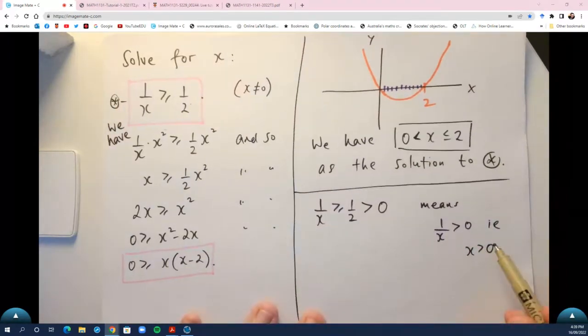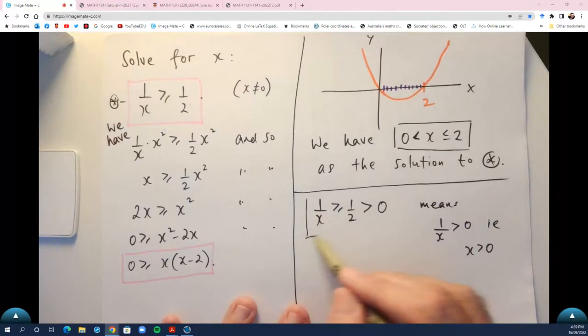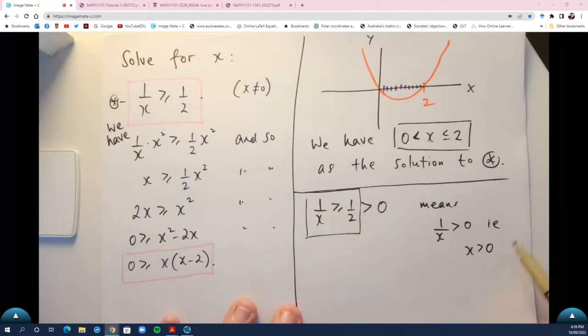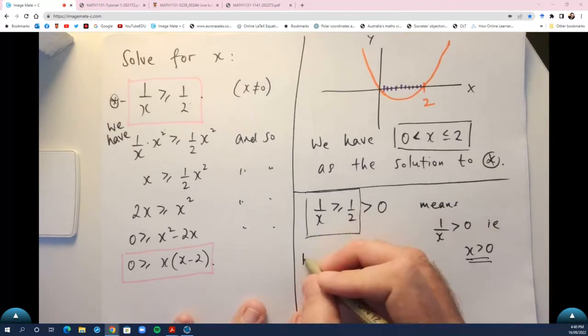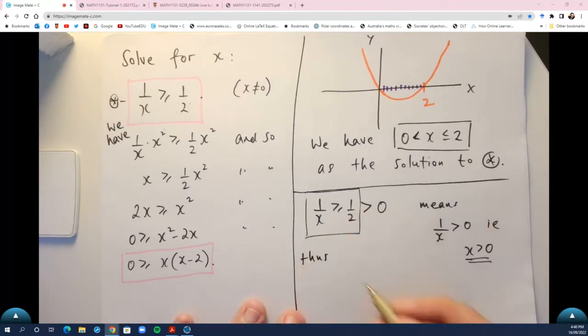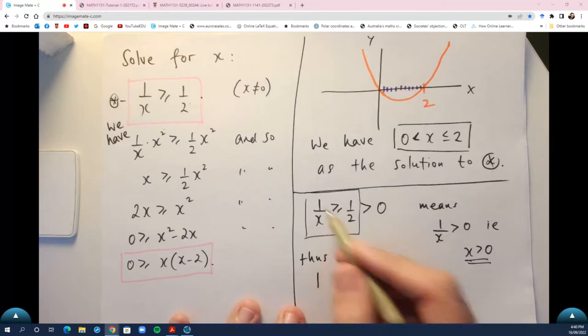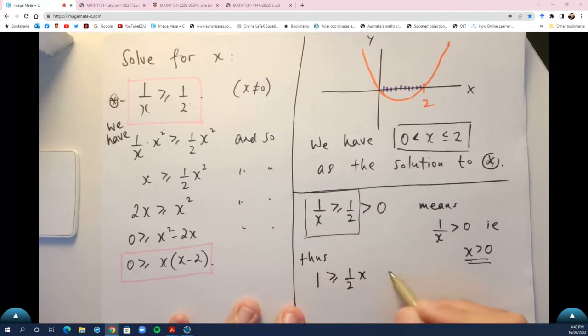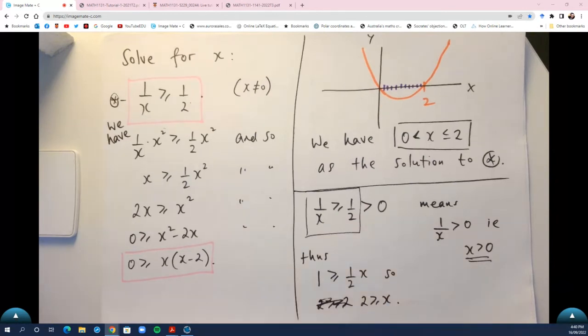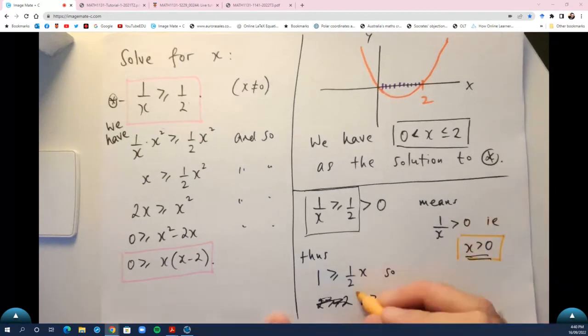And so what that means is that you can actually multiply both sides of this by x because you know x is positive. So if I multiply both sides by x, I get something like this. Bring the 2 up there. Oops, sorry. So we have, from that analysis, this and this.